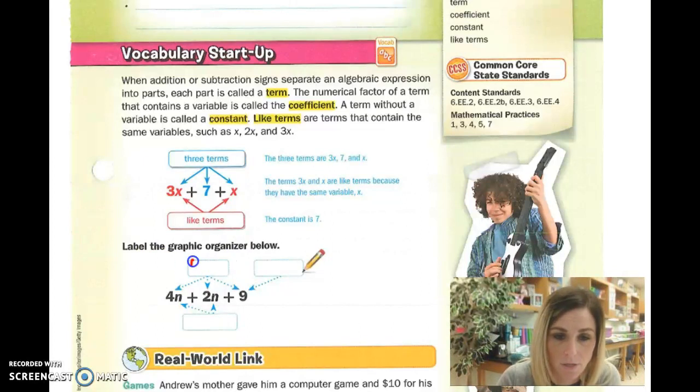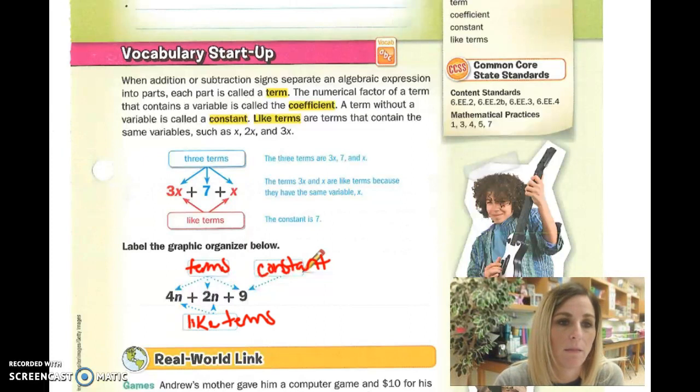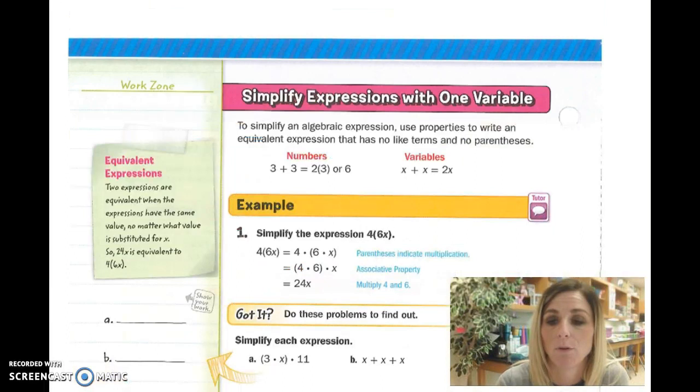Oh, my goodness, let's try that again. The terms. And this would be known as the constant. And then these two both have the variable n, so they are like terms. Okay, that's the start. Those are the most important vocabulary words that you will need for this chapter.